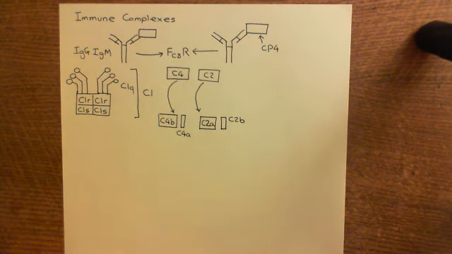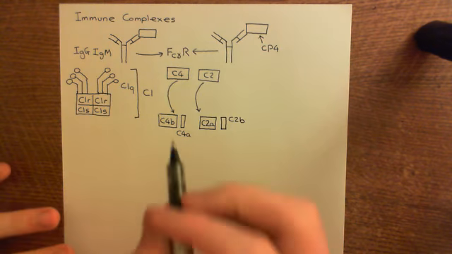If you Google the classical complement cascade and click on two different diagrams, you'll probably find contradictions between them. One will say C2b is the important fragment, and one will say C2a is, and it looks like a total contradiction, but in fact it's just two contradictory naming systems. They both mean the same thing.